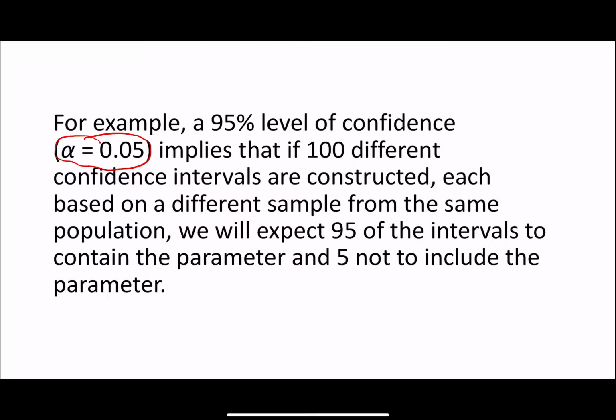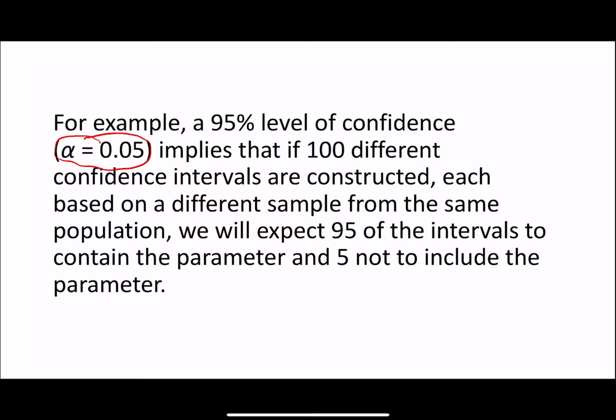I take a sample here and a sample there, and we are finding the proportion of individuals that have that success in each of these different samples, and we took 100 different samples. We're going to expect 95% of those to contain whatever that parameter is that we're looking for.